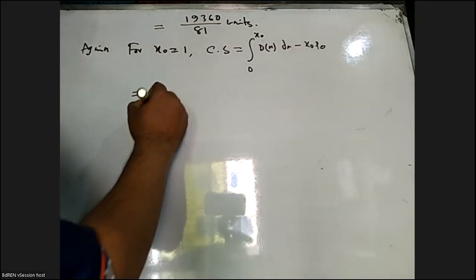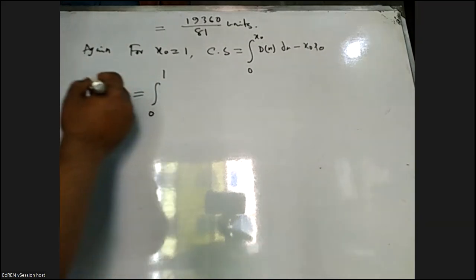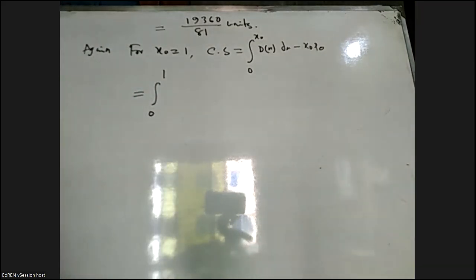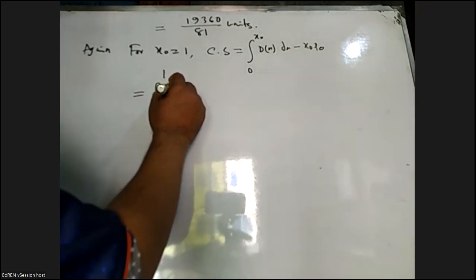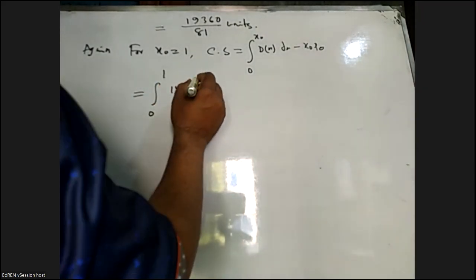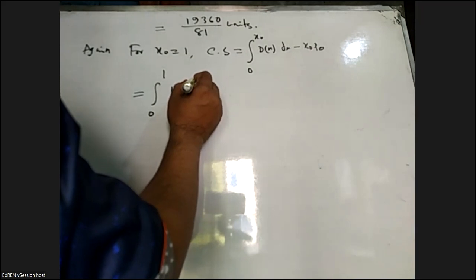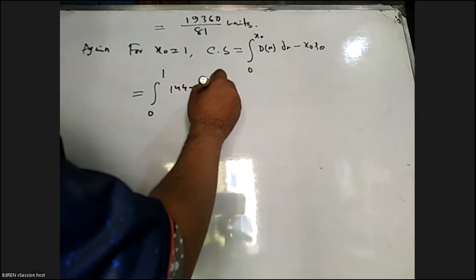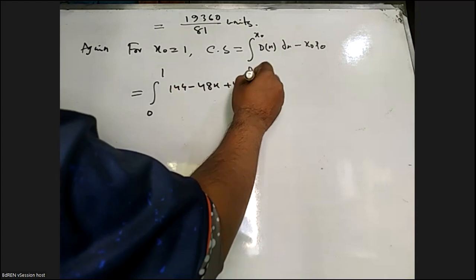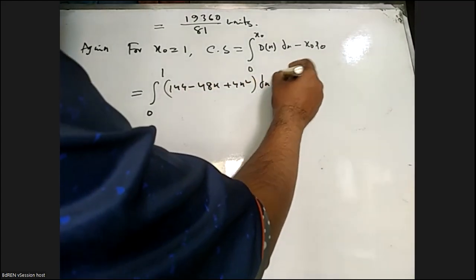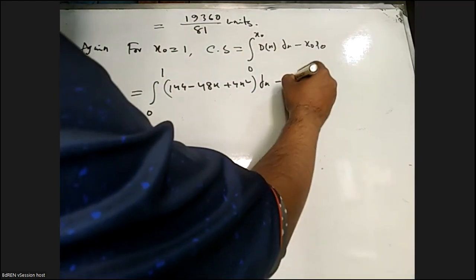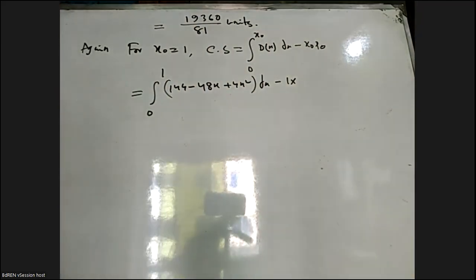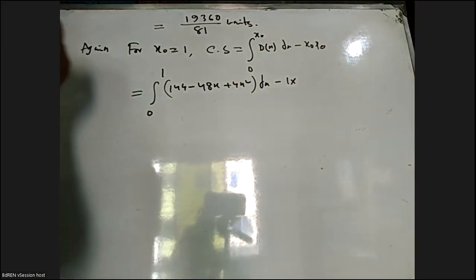So this equals the integral from 0 to 1 of the same demand function, 144 minus 48x plus 4x square dx, and x naught will be 1 and the price will be 100.